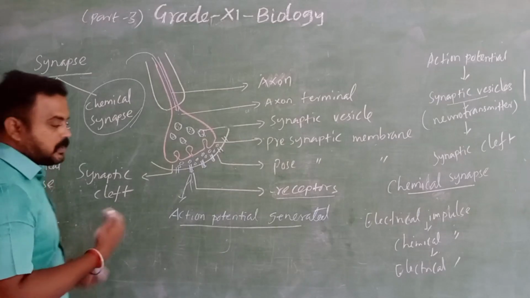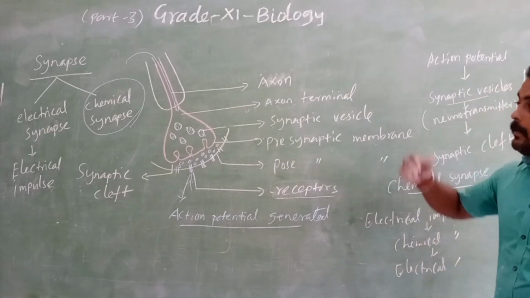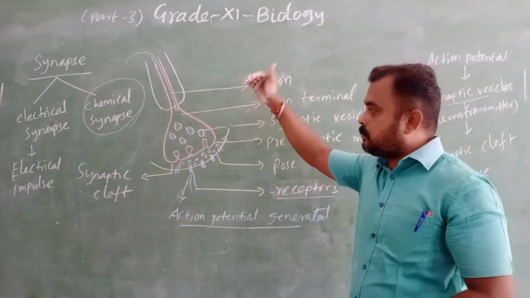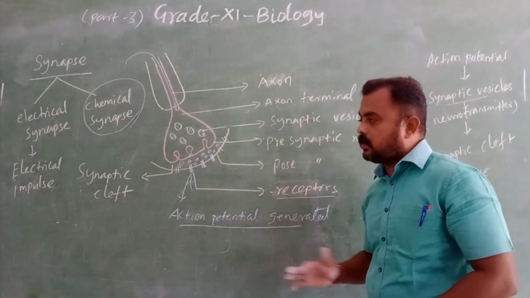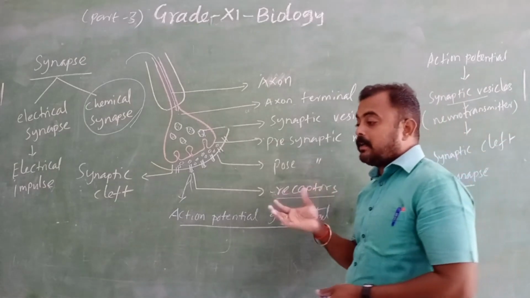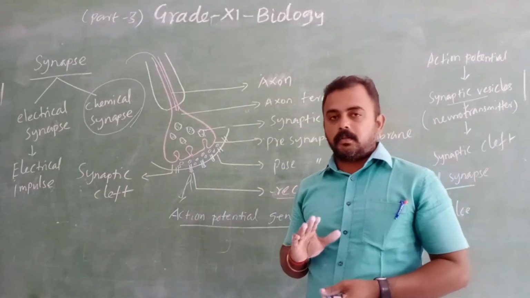Here there is no change, but here we have change. So that's how the impulse moves from one neuron to another neuron. I hope you all understood what happens inside the neuron and what happens in between the neurons.